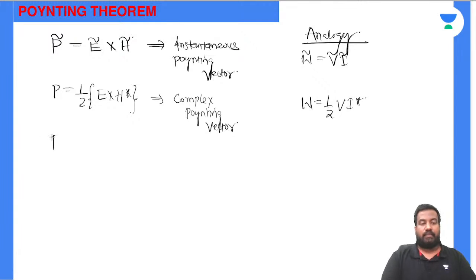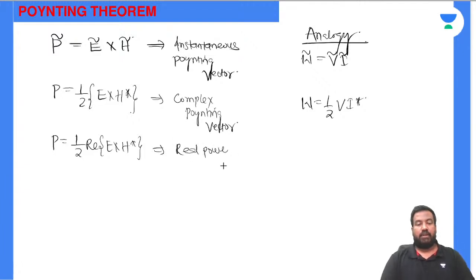In this, if you take the real part, 1 by 2 real part of E cross H conjugate is the real power, the real Poynting vector or average Poynting vector.